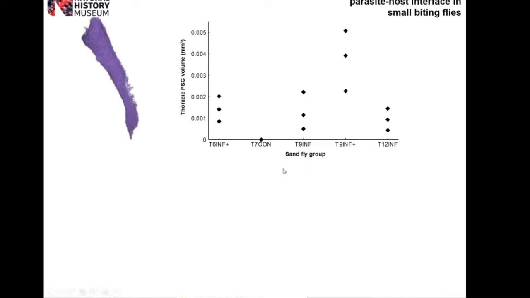So in this case, we're just measuring the thoracic gel volume. Obviously, the control flies have no gel. It's fairly small in the 6-day infection and in the 9-day infection. In fact, very similar in the 12-day, but you can see that with this second blood meal, we have a raised volume of PSG. So the flies are feeling even more bloated.